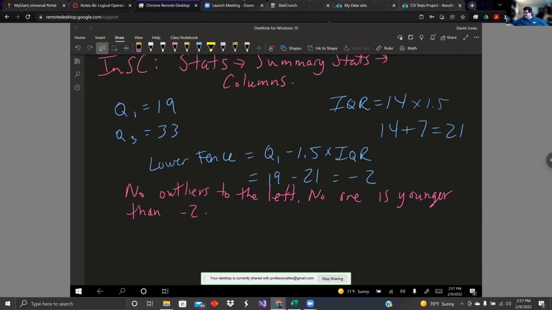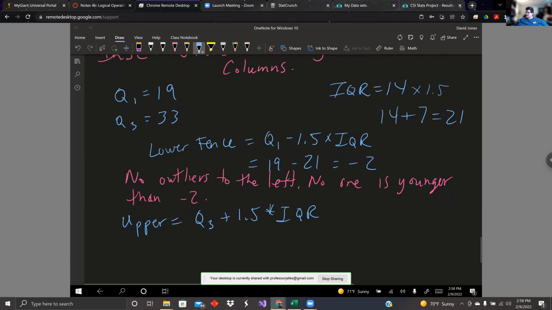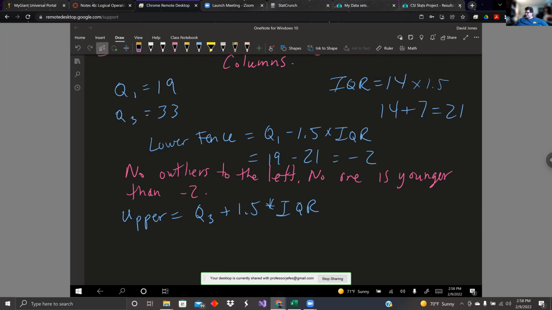And since I've already done 1.5 times the IQR, I'm not going to recalculate it. To do the upper fence, I'm going to do Q3 plus 1.5 times the IQR. Q3 was 33, and 21 was 1.5 times the IQR. That is 54 years old.